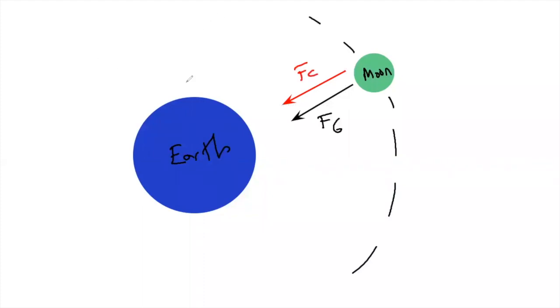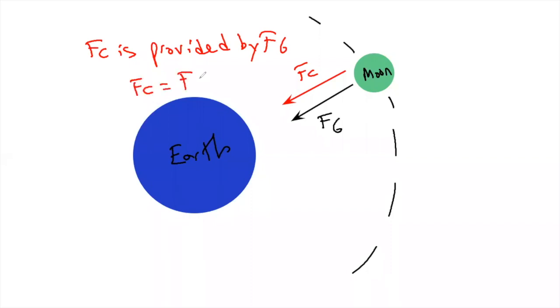Whenever you're doing any kind of question, I'm going to show you exactly how, but you have to always specify that centripetal force is provided by Fg. So I can say that basically my centripetal force is actually Fg, right? So Fc is equal to Fg.